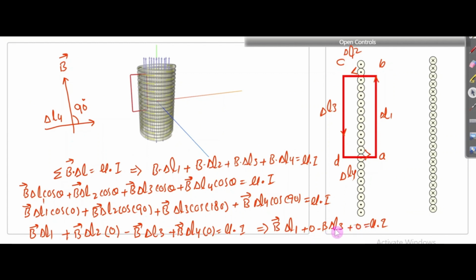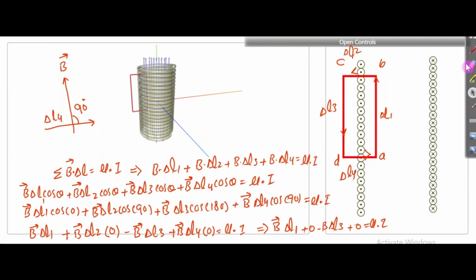The outside part of the Amperian loop is del L3, and through this part of the loop the magnetic field will be 0. So I put B here as 0.